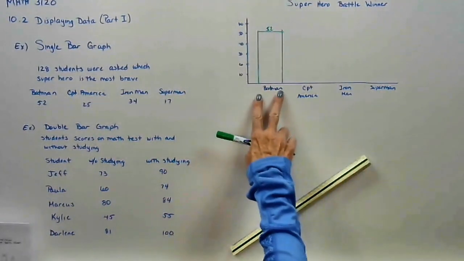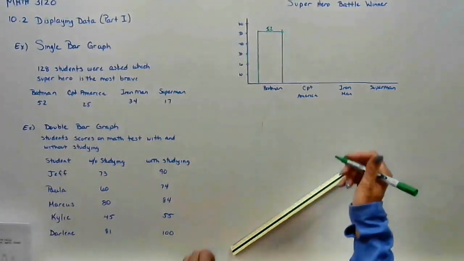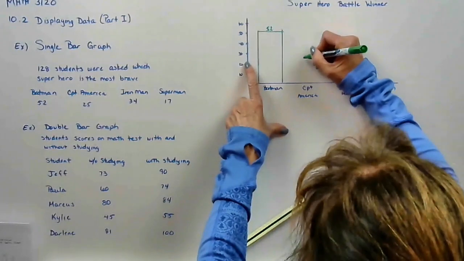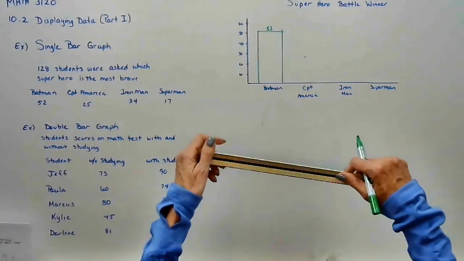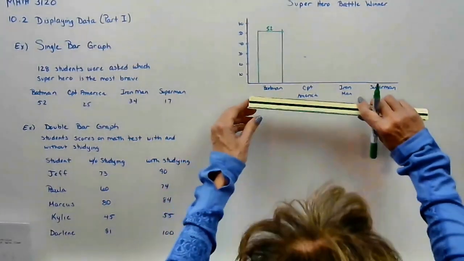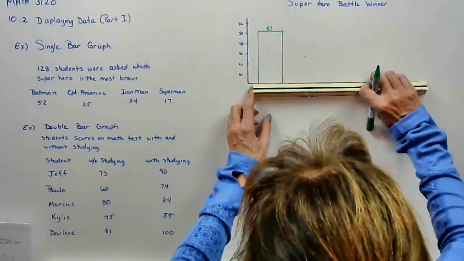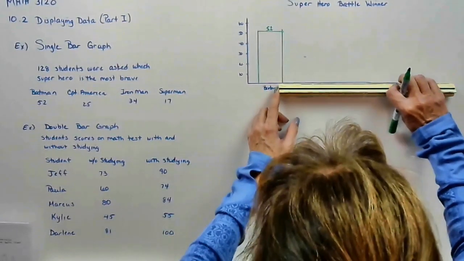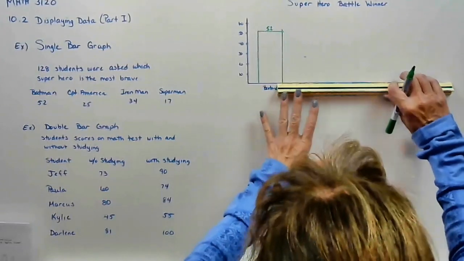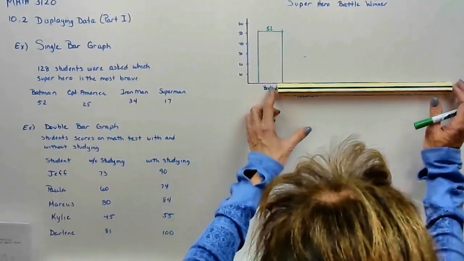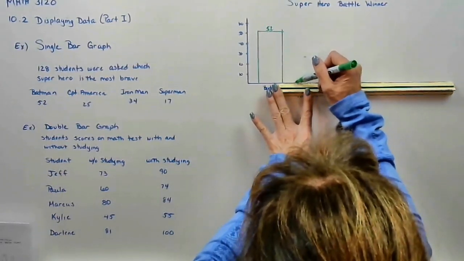Now I've got to take about half that distance, and that should be the space between that and the next bar. The next bar is Captain America at 25. So roughly, if this is, in my case, 1 3/4, then I need about half that space. 7/16, so I'm right about there.